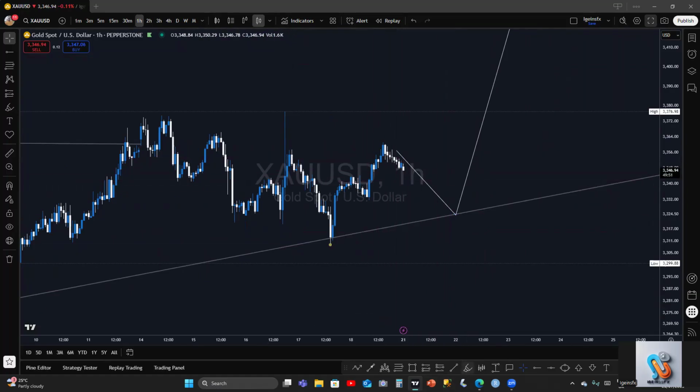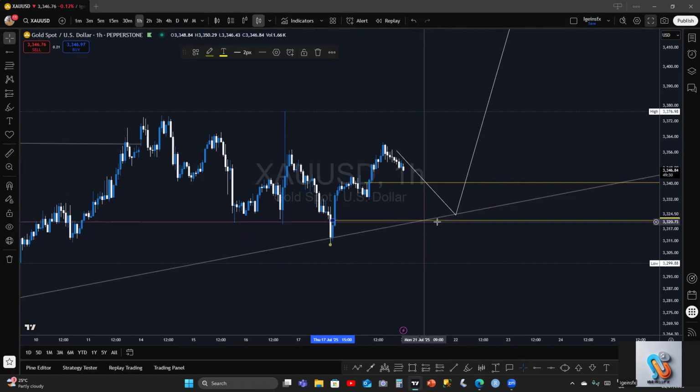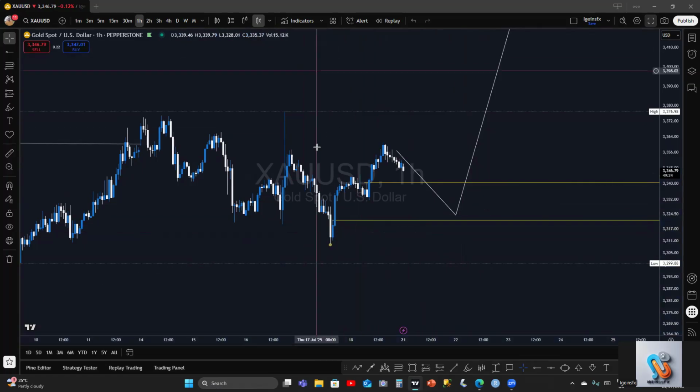Price might pull back up to this point, then you buy, or push below this point to interact with this FVG that is here. Once it gets to this point, see a reaction, then we buy.